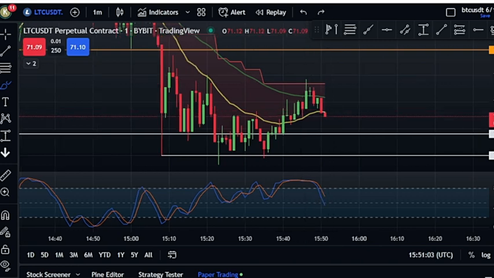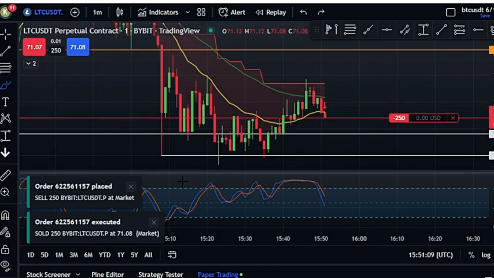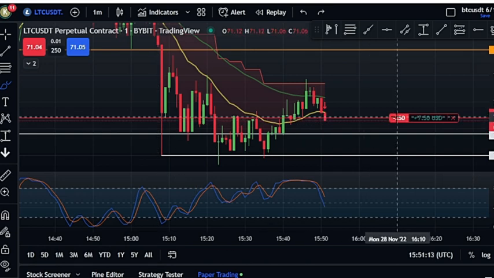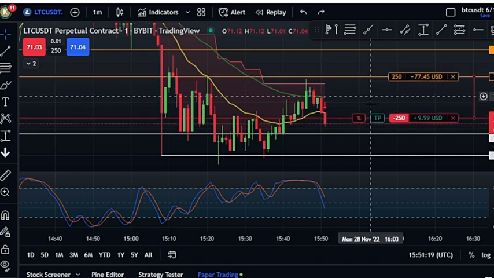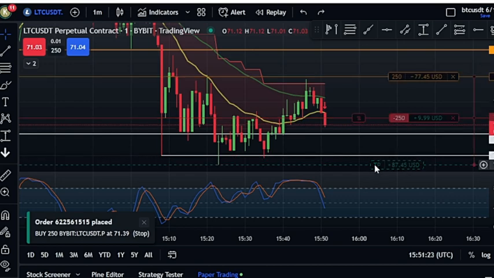Okay, so it's closed red. We're gonna take the short. So we want to place our stops right here and our take profits right back below that range here.